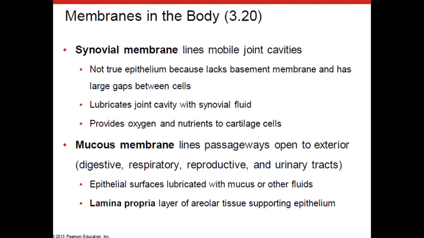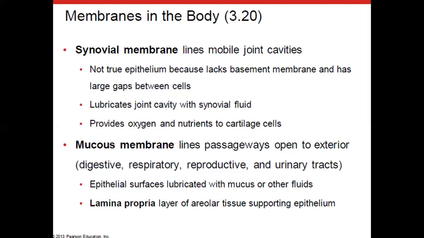Mucous membranes line passageways that are open to the external environment, like the mouth, the digestive tract, the respiratory tract, your reproductive tract, your urinary tract. Those epithelial surfaces are lubricated with mucus and other fluids. And the layer below that epithelium is a layer of areolar connective tissue called the lamina propria that supports the epithelium.